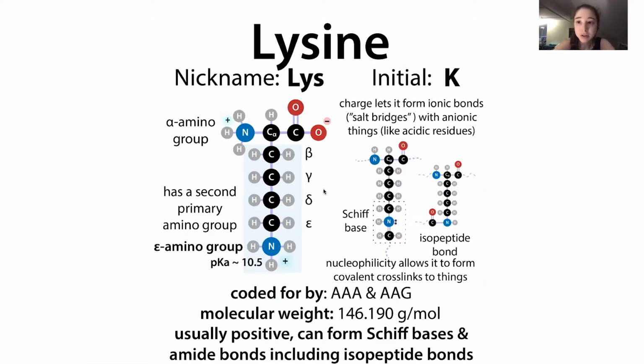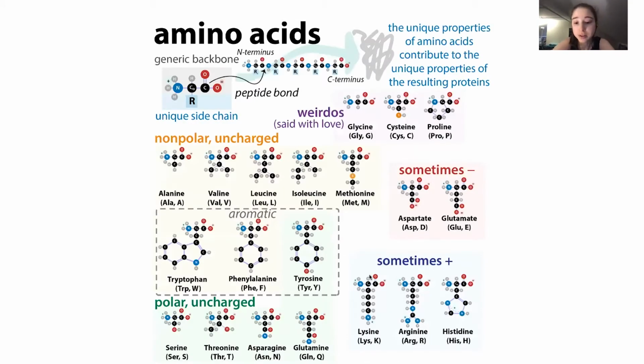And this charge is going to let it form charge-charge interactions. When we have full charge interactions, we call these ionic bonds. They're not strong bonds like the bonds that are holding together all of these atoms. They're more just really strong attractions. It can form salt bridges with the acidic amino acids, like aspartate and glutamate.